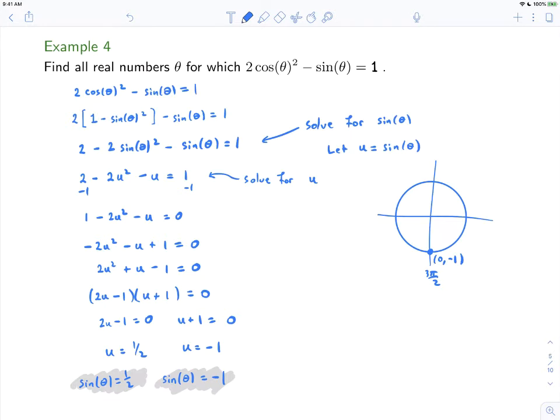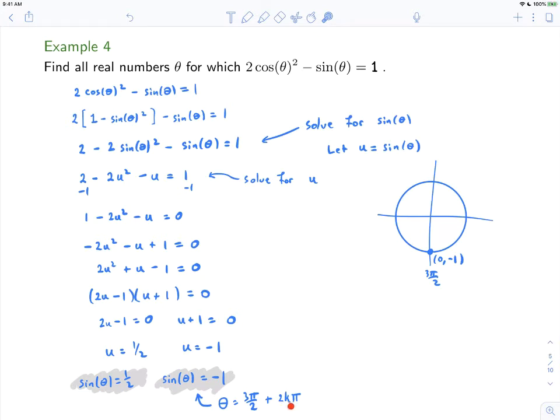Well, that's just one, but we're looking for all real numbers. So for this one right here, we get that theta is equal to 3 pi over 2. However, we can add any even number times pi, so 2k times pi, where k is any integer.